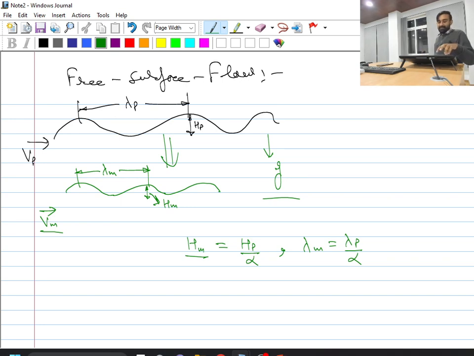Now, if this free surface flow situation is there, and I have the relative importance between gravity and inertia forces, it means my Froude number is playing a significant role. So if I have to ensure the similarity, then the Froude number for the model must be equal to the Froude number for the prototype.